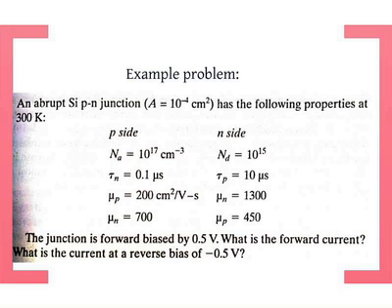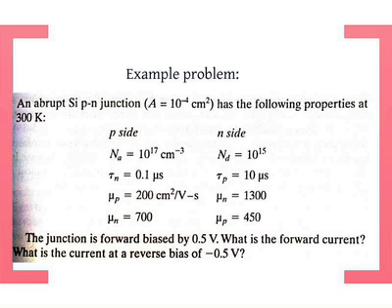Okay, so let's think about what that is. So any thoughts? Okay. We calculated this the last class and today. Reverse saturation current is given by some diffusion terms, right?